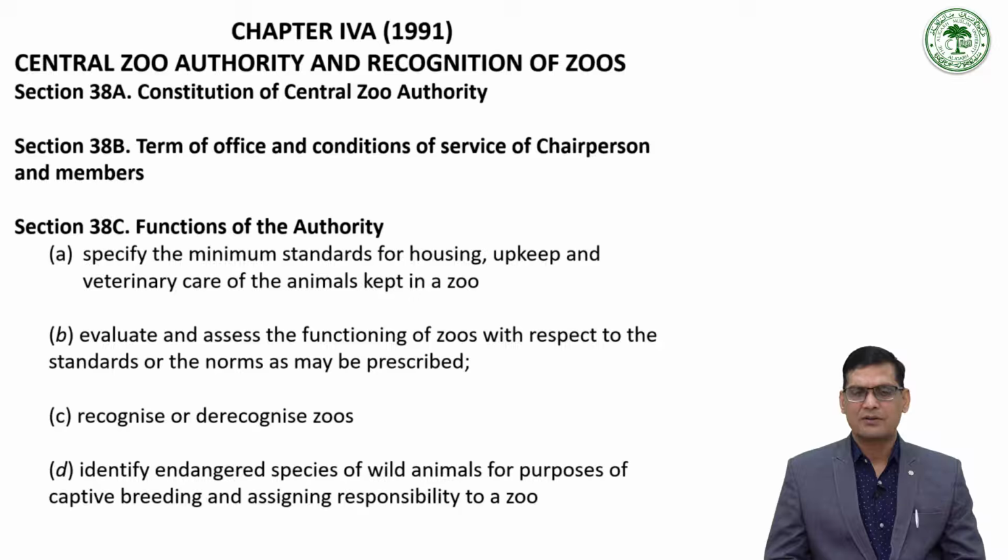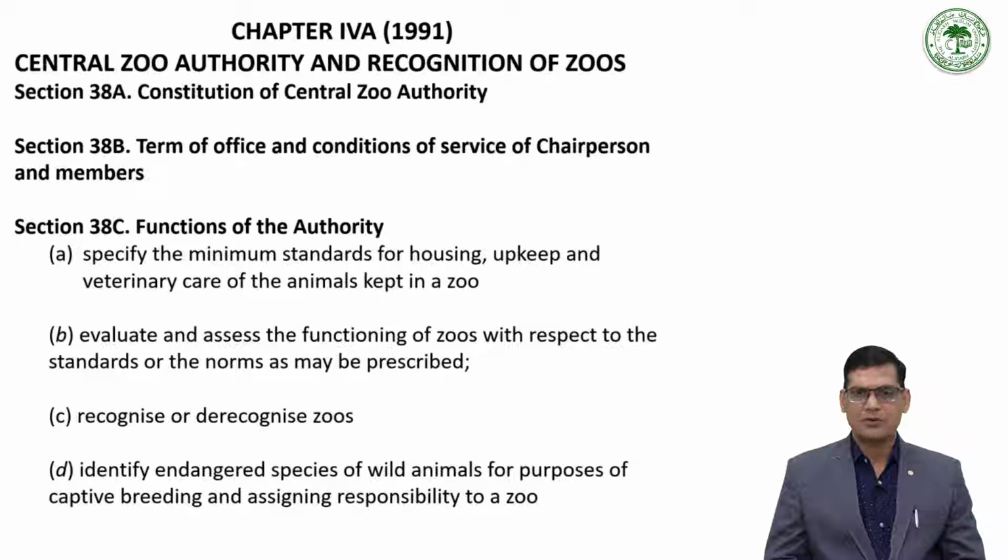The functions of the Central Zoo Authority are to specify the minimum standards for housing, upkeep and veterinary care of animals kept in a zoo, and to evaluate and assess the functioning of zoos with respect to the standards or norms as may be prescribed.